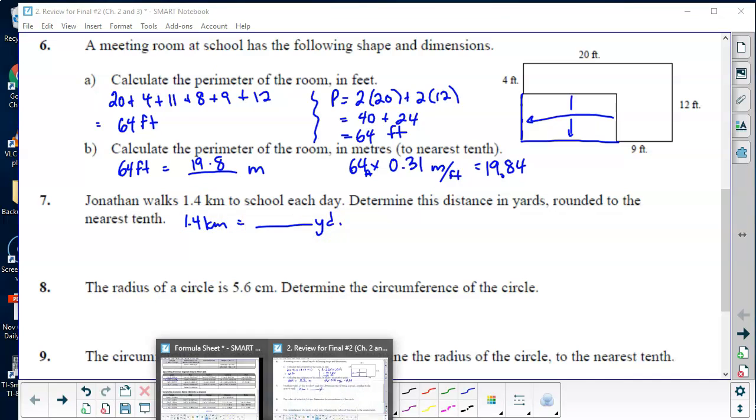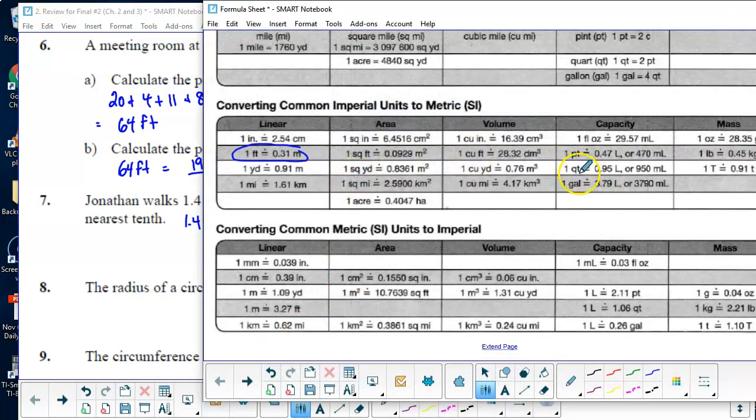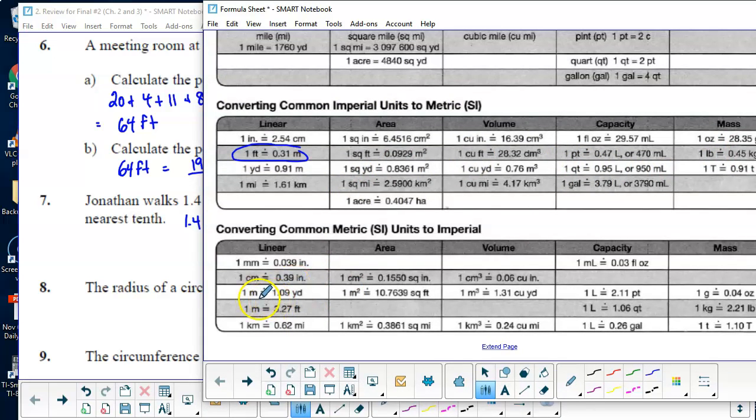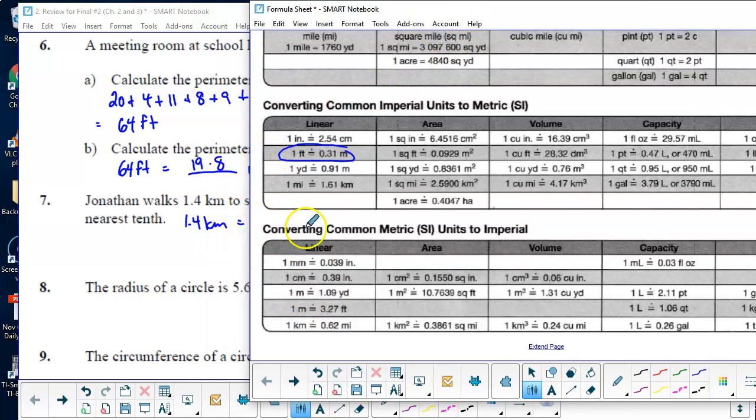So let's take a look at our formula sheet. We do want to go from metric to imperial. So we have from meters to yards, and we have kilometers to miles. If we did kilometers to miles, then we'd have to go from miles to yards. If we can convert our kilometers to meters, then we can convert to yards.